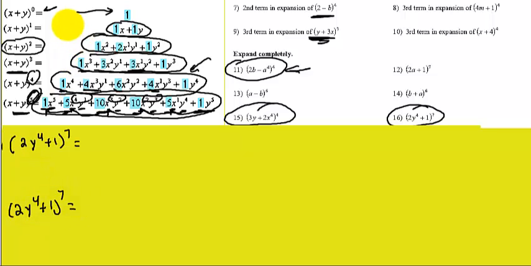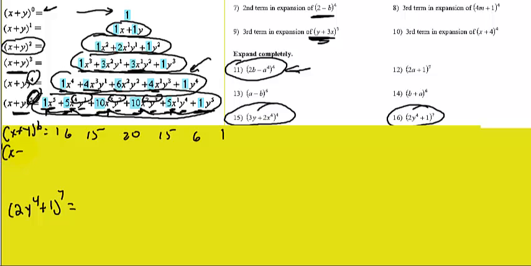Okay, and then let me use this space here to make up my coefficients that I'm missing, because I'm raising it to the seventh power. Here we go. Let's finish building up this Pascal triangle to the seventh power. So x plus y to the sixth will be 1, 6, 15, 20, 15, 6, and 1.